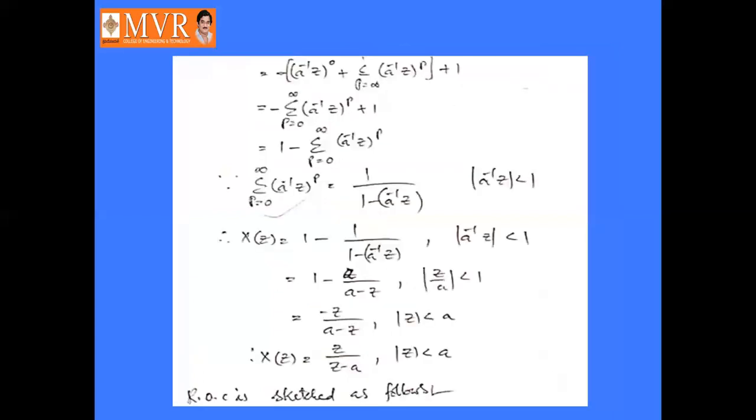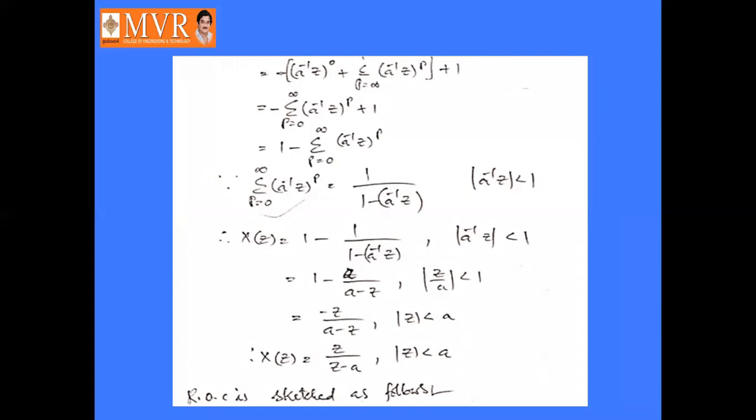We can write this as minus of (a power minus 1 into z) whole power 0 plus sigma p equal to infinity to 1 of (a power minus 1 into z) whole power p. So it is equal to minus of sigma p equal to 0 to infinity of (a power minus 1 into z) whole power p, or it is 1 minus sigma p equal to 0 to infinity of (a power minus 1 into z) whole power p.